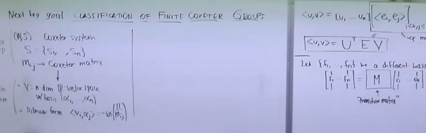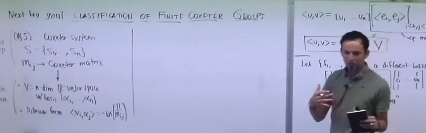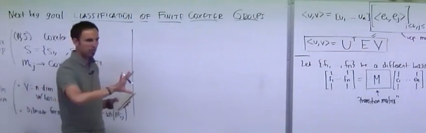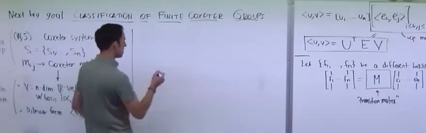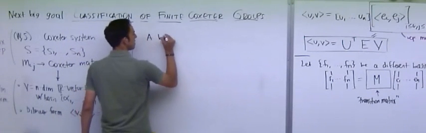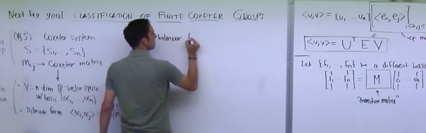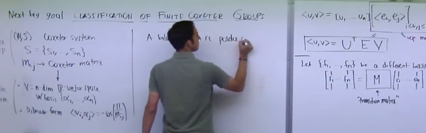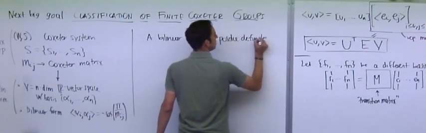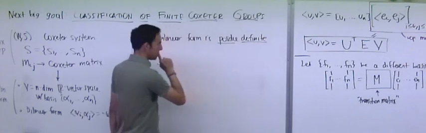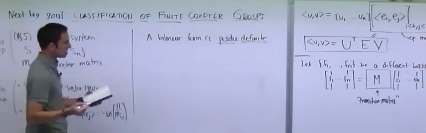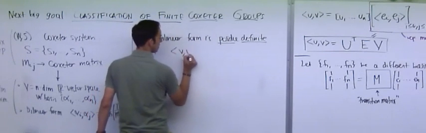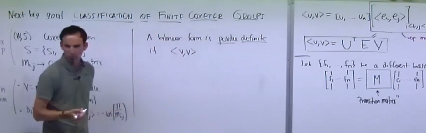Now, the point of what I want to do next is basically try to tell apart what differentiates an arbitrary bilinear form from one that is Euclidean. And Euclidean bilinear forms have this nice property of being positive definite. It's a big word, but all it means is that if you take the inner product of a vector with itself, you're going to get something positive.